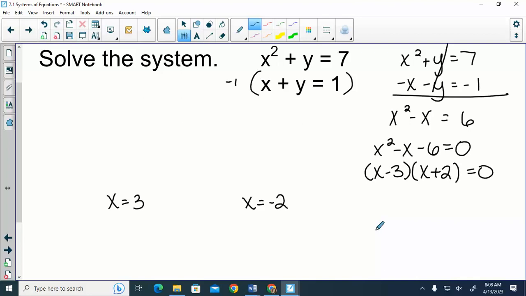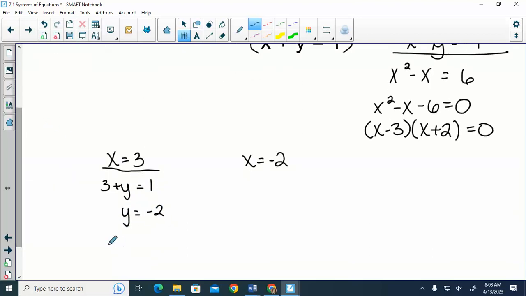I need the y value for both of those. So instead of just having one thing to plug in, I need to do both. You can put them into either equation. I'll just do the second one. Wait, so can we use both of those points? So if I put in 3, subtract my 3, I get negative 2.